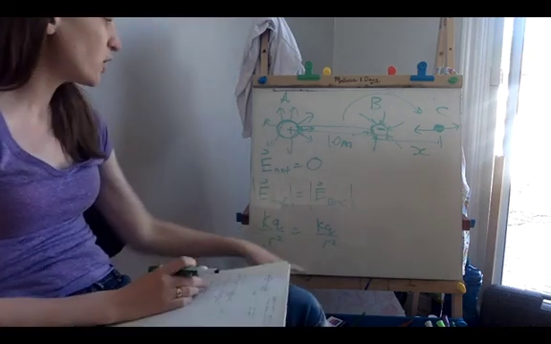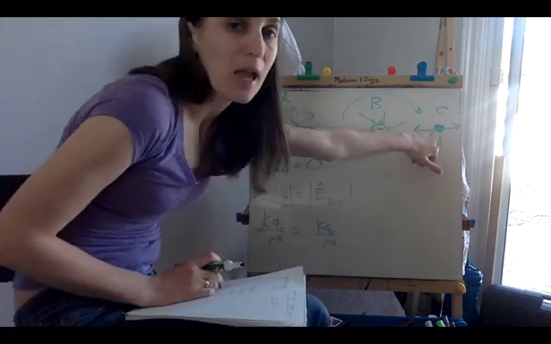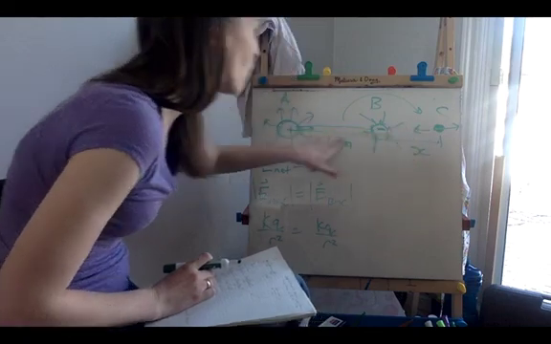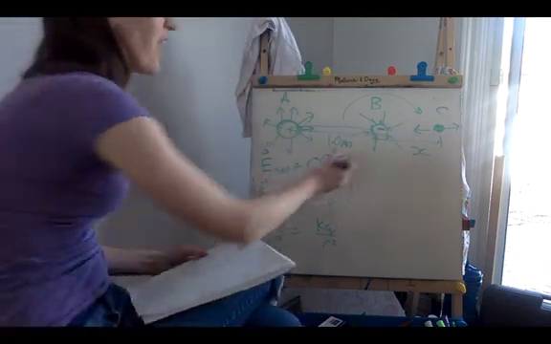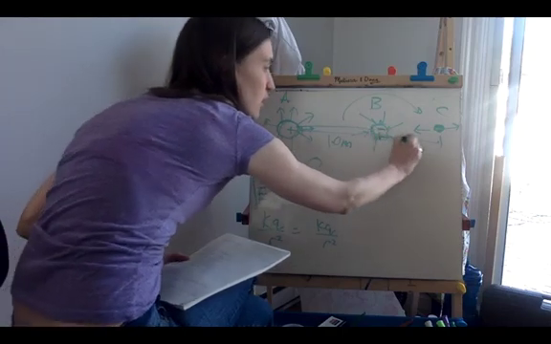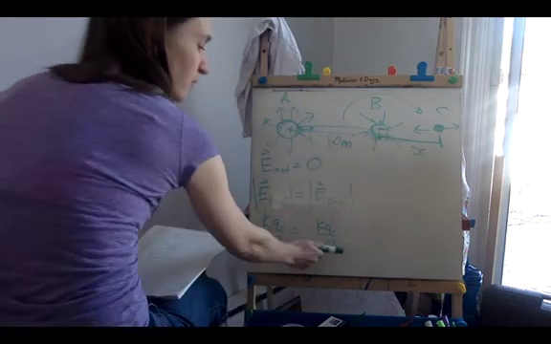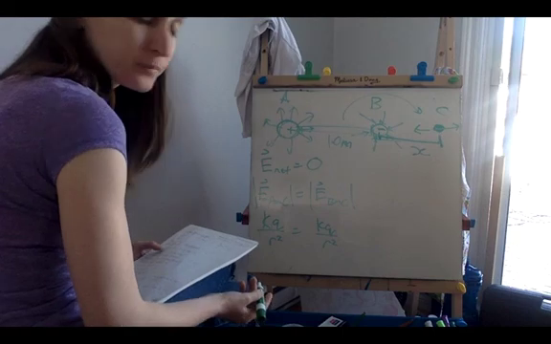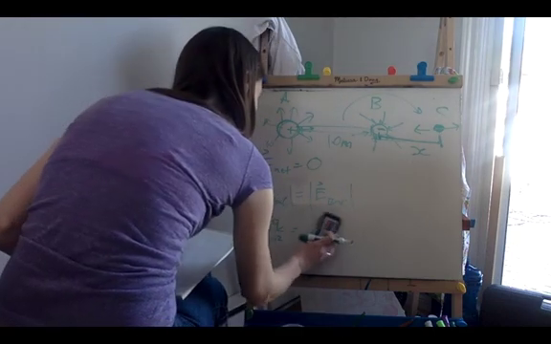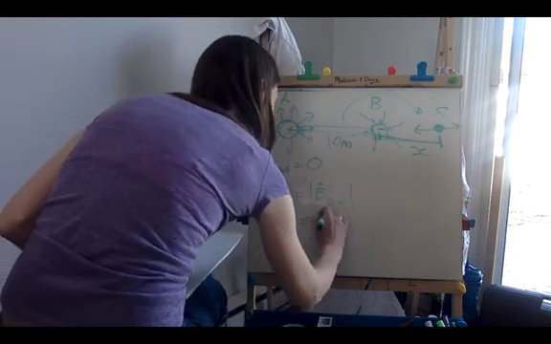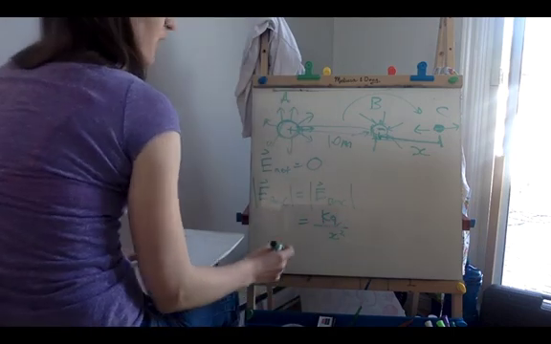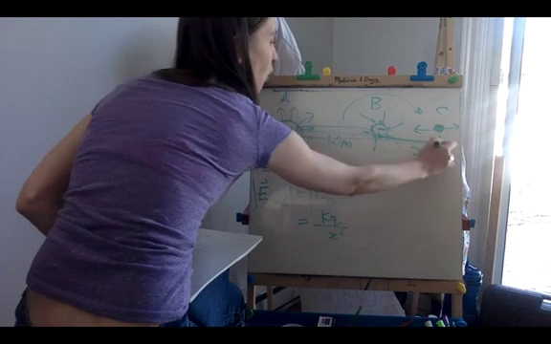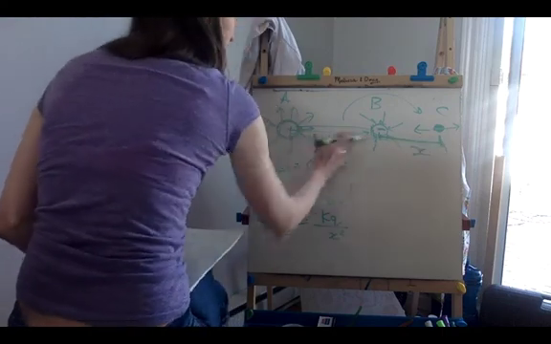The thing is, we don't actually know the distance between A and C, or B and C, but we know that there's a distance of 1 meter between A and B. So if x is considered the distance away from B, x can go in here. So this can now become kQ over x squared, and the distance from A all the way to C is x plus 1.